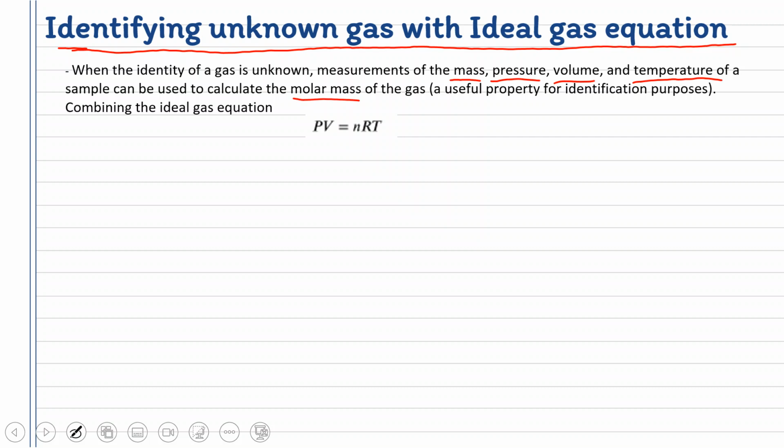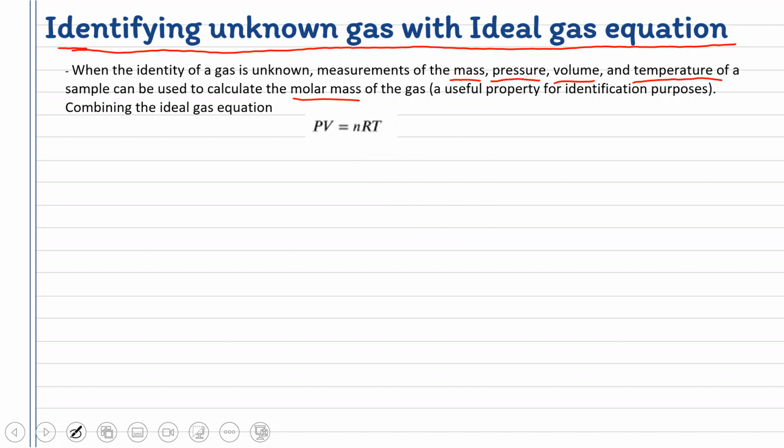Every gas, based on what we learned about the periodic table, is unique. On the periodic table we have so many different gases, and they are unique because of the elements that constitute the gas. So if we can find the molar mass, we can predict which gas is present, even if we don't know it beforehand.